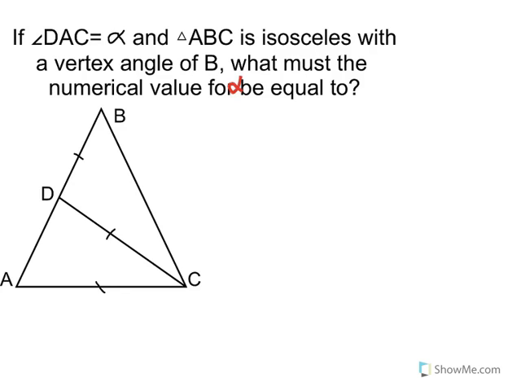So if you'd rather me use x instead, then we can say that alpha is equal to x. So our goal is trying to solve for x. We are told that angle DAC is alpha, or I'll use x instead, and that triangle ABC is isosceles with a vertex angle of B.